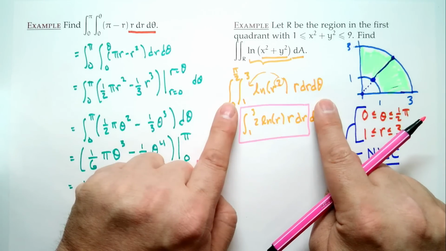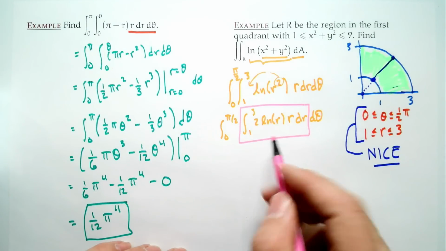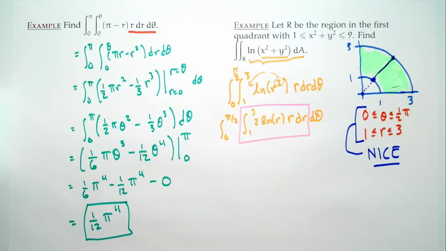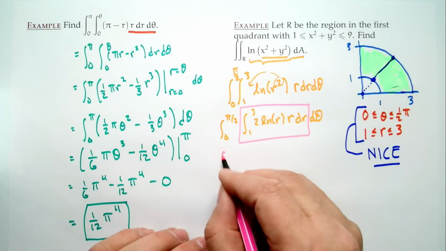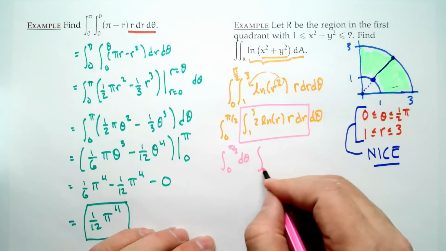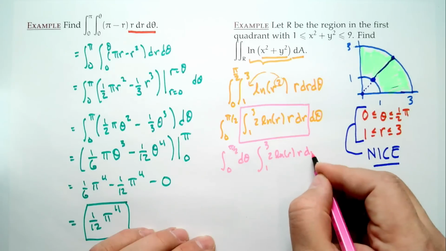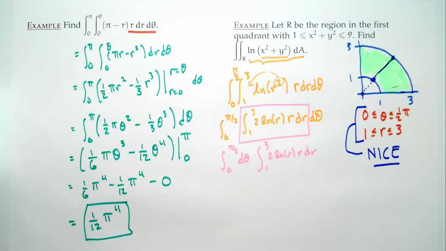There's no theta at all. So what I can do is say, well, this is a constant. So I can break this integral up into 2 parts. There's the integral 0 to pi halves d theta, and then there's the integral 1 to 3 of 2 log r dr. So this is one of our ideas, that we can pull integrals apart.